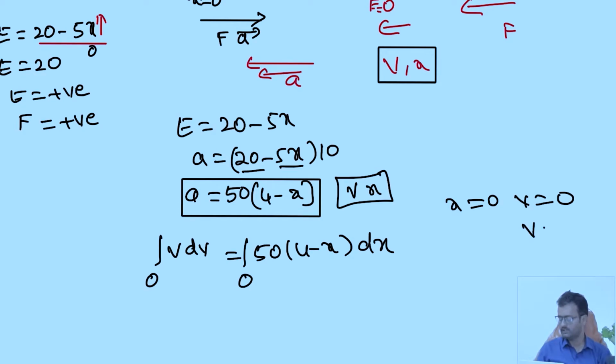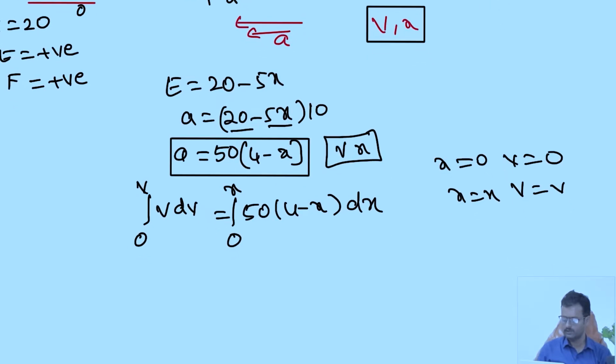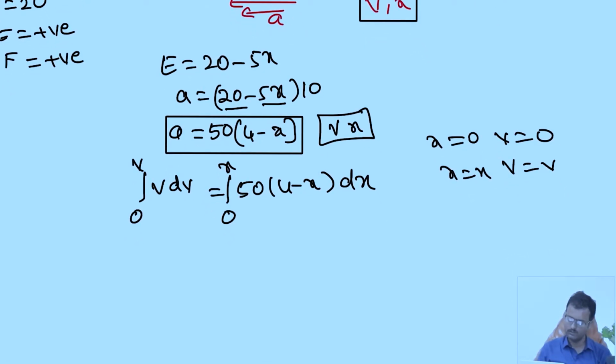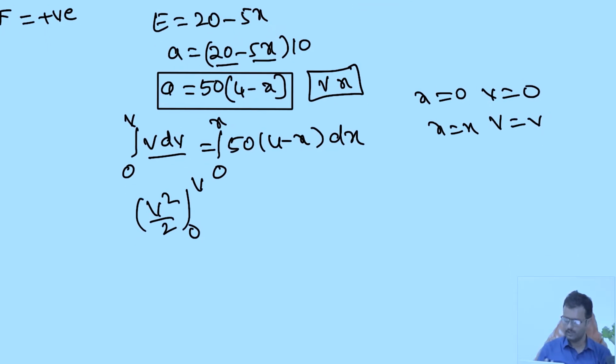Suppose its velocity is v after x is equal to x. So this is the V and this is the X. Now evaluate integration on both sides. Integration of V dV, we know that is V square by 2, from 0 to V. So the final value is V. Substitute in this equation, then we get V square by 2.